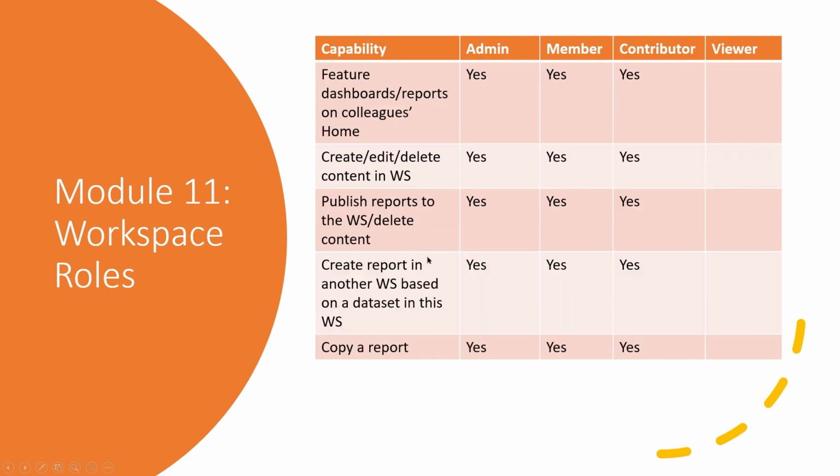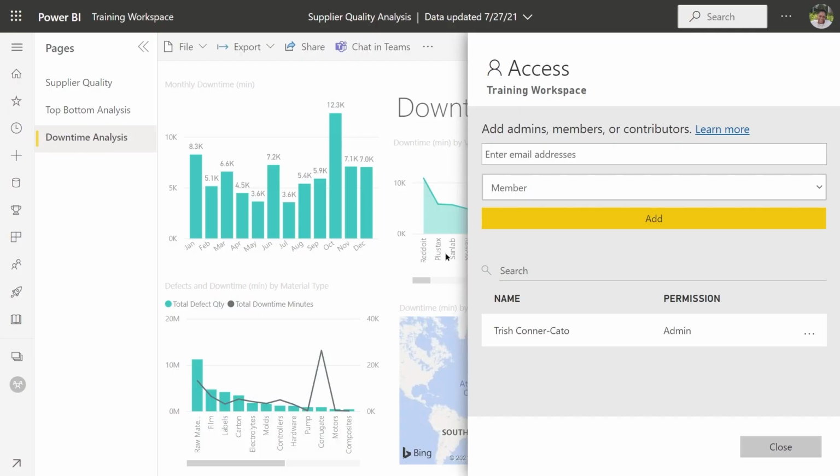So again, I would say that you can spend some time at your leisure going through this table about the capabilities for the workspace roles in Power BI. There's also a link where it says add admins, members, or contributors, where you can learn more about those roles.